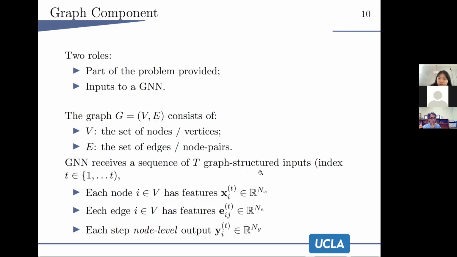Oh, so we are somehow working with the same graph. Yeah, the same graph but with different states. With different states. Yeah.